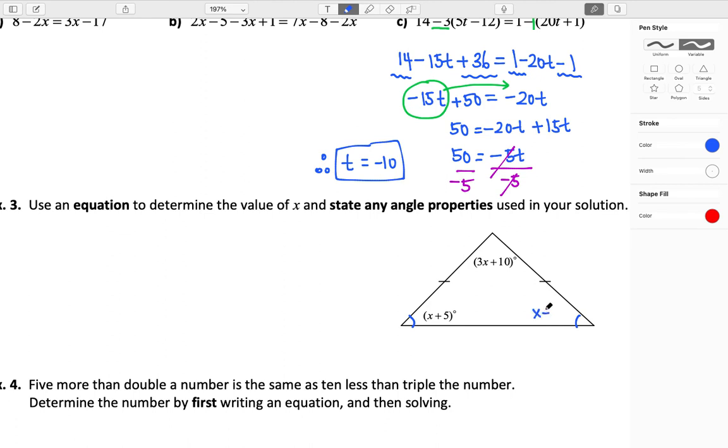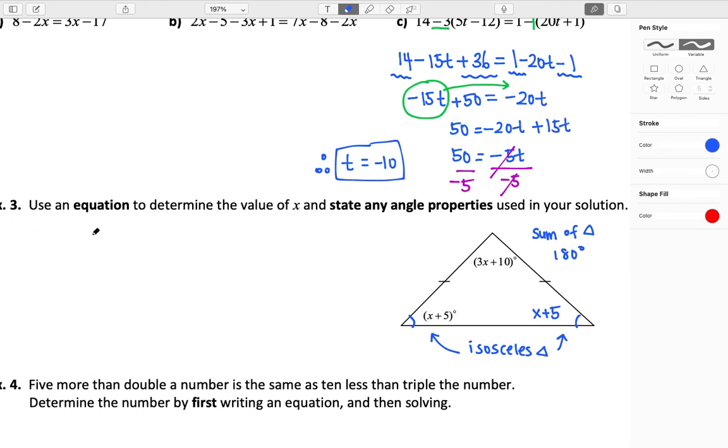So this must be x plus 5 due to isosceles properties. Then to set up another equation, we know the sum of the angles of a triangle is equal to 180.